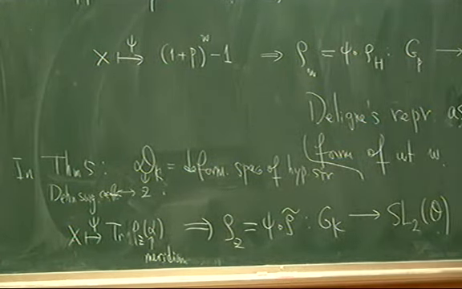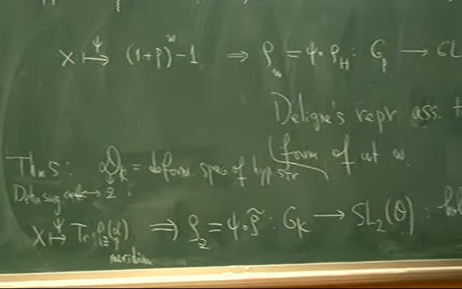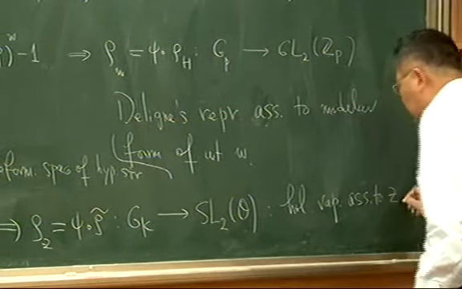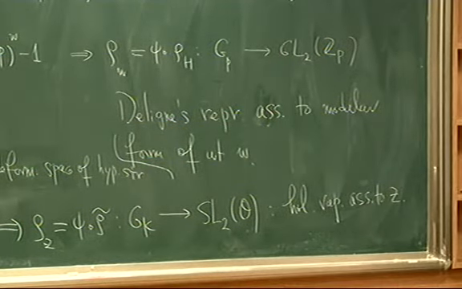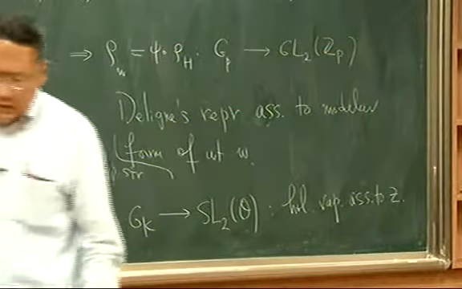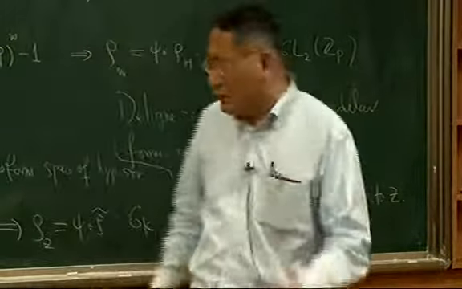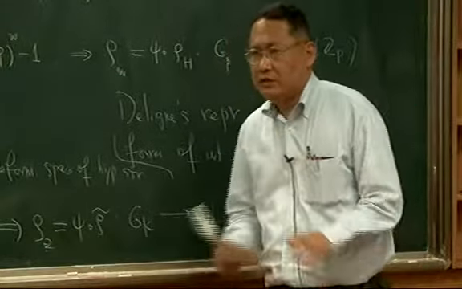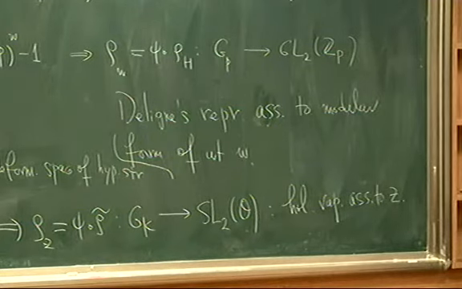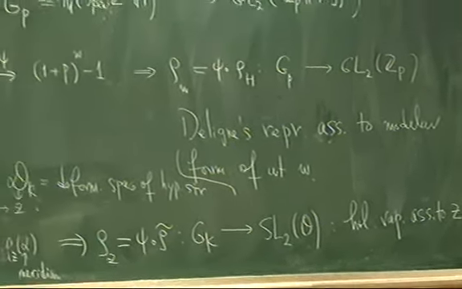This is the holonomy representation associated to the Dehn surgery coefficient z. So our universal representation interpolates the whole family of holonomy representations. It's quite similar to Hida's theory. Maybe that's it.